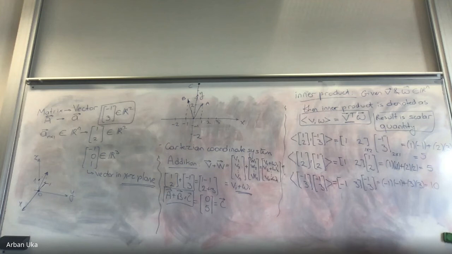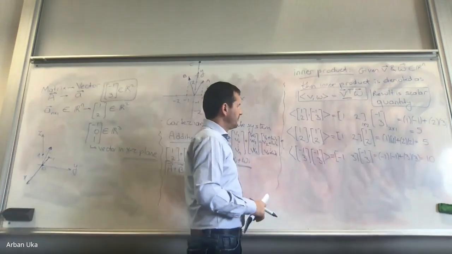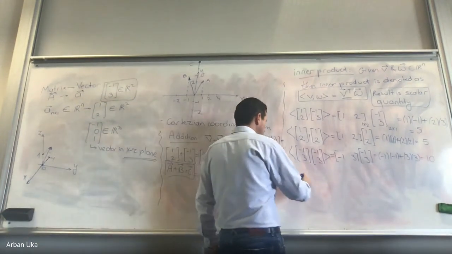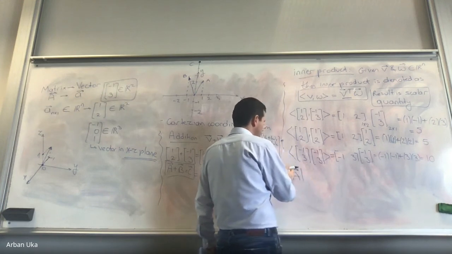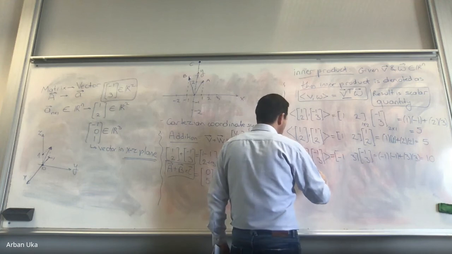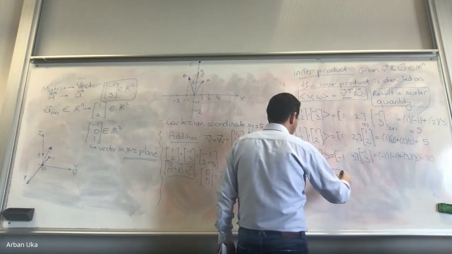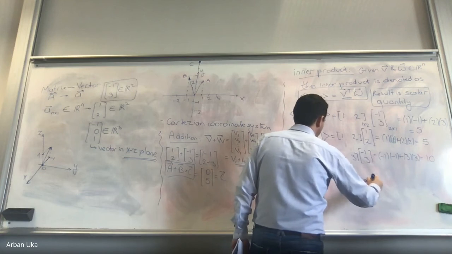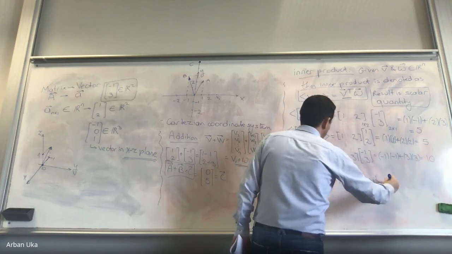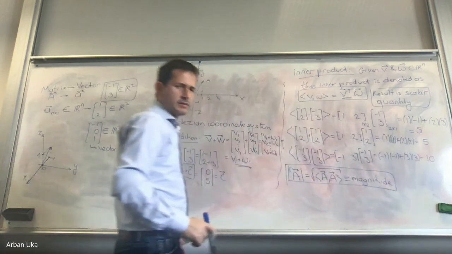But we can associate magnitude to vectors, and the magnitude of a vector A is equal to the square root of the inner product.